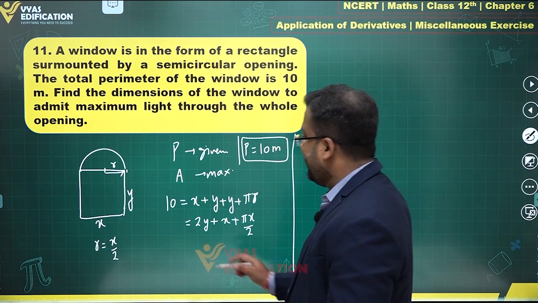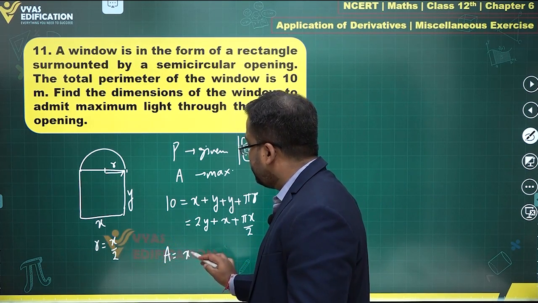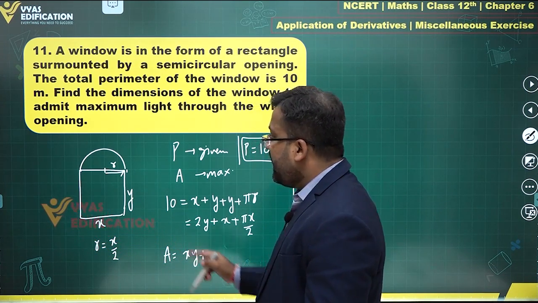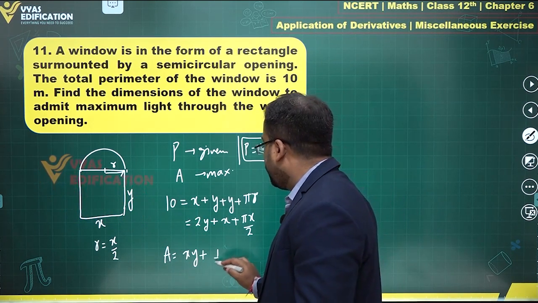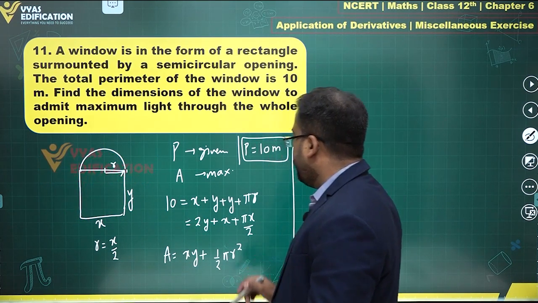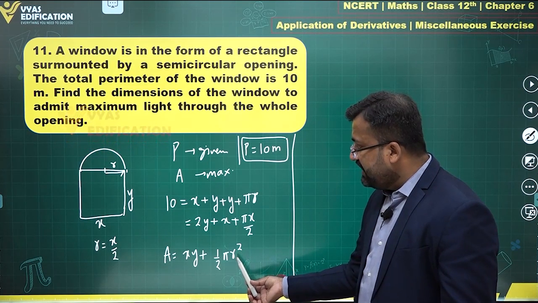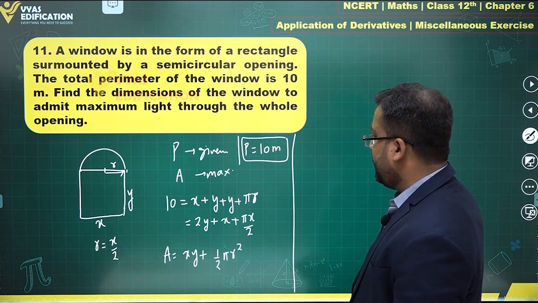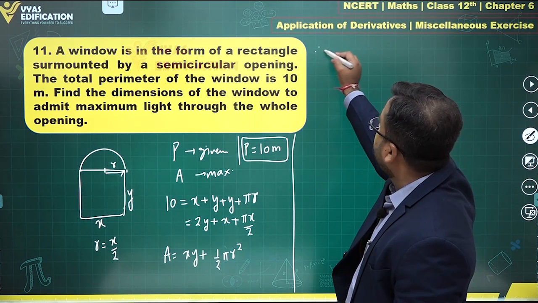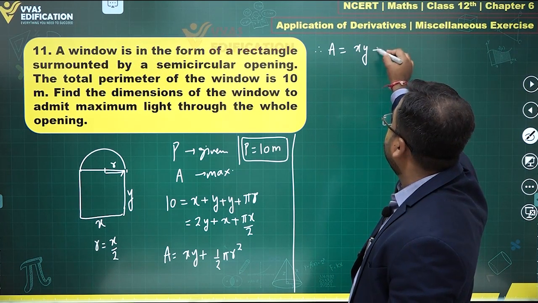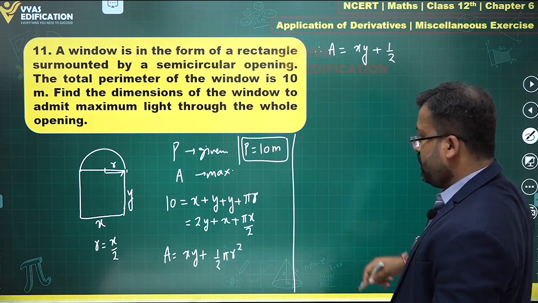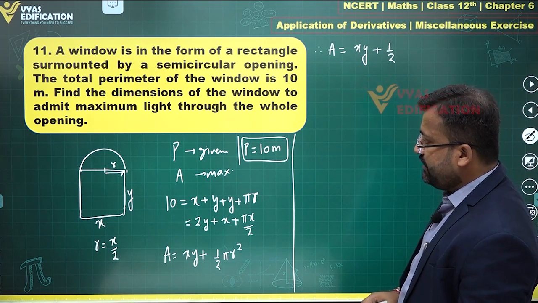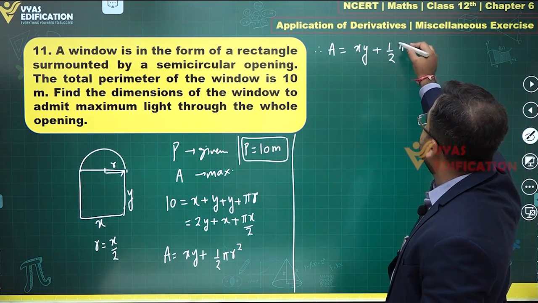And what about the area? Area is simple. Area is xy, the rectangular region, plus half of pi r square. We can eliminate this r again using x. Therefore, area is equal to xy plus half into pi r square, which is pi times x square by 4.